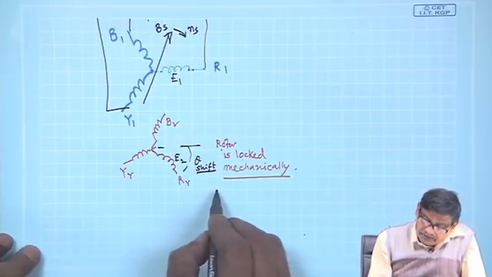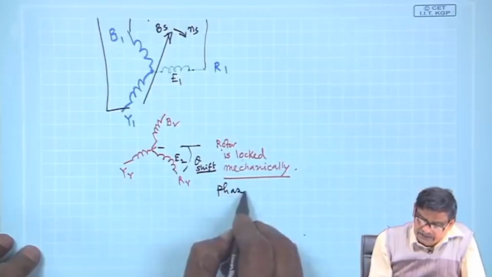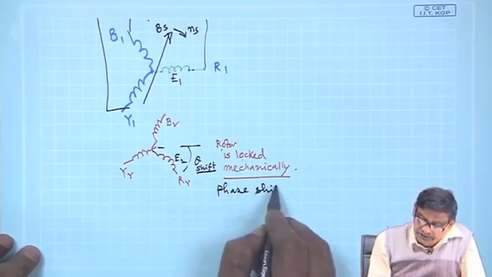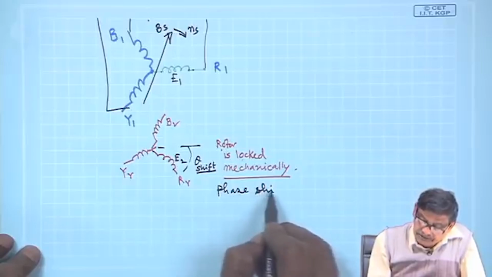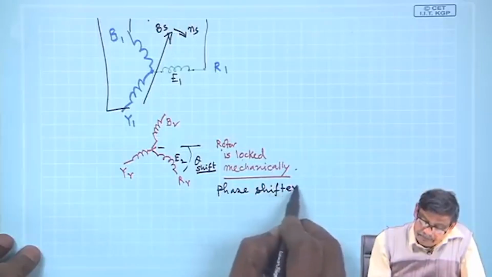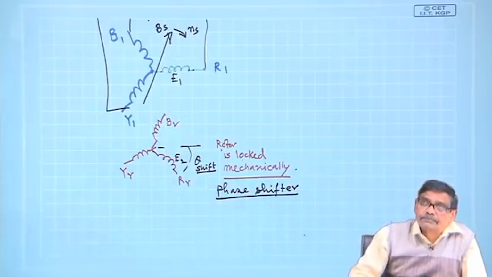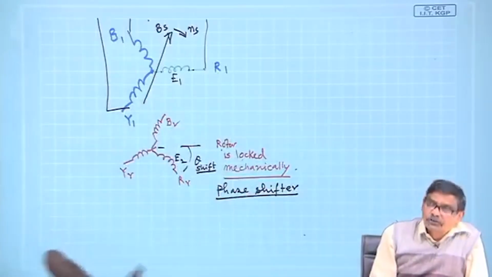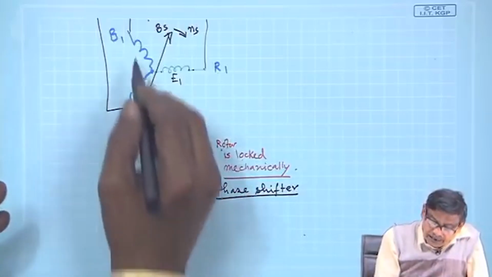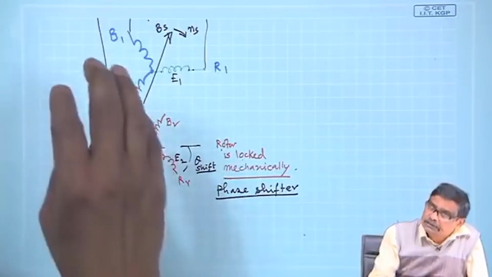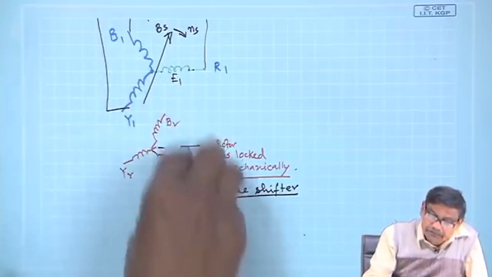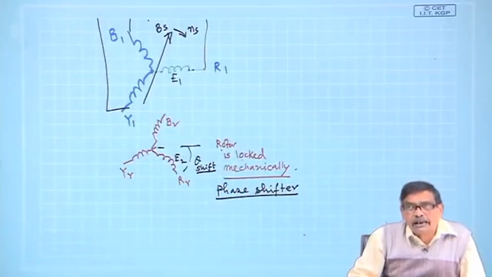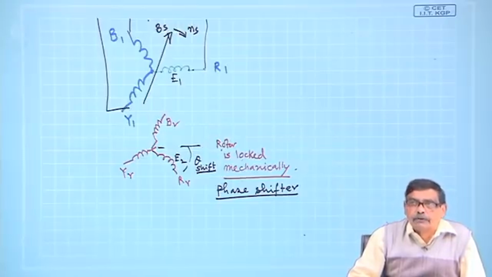So it is called a phase shifter. It was used like this, and you can get a desired phase shift. Not only that, if you choose N1 and N2 differently, you can not only phase shift this voltage but also change the voltage level, like a transformer.